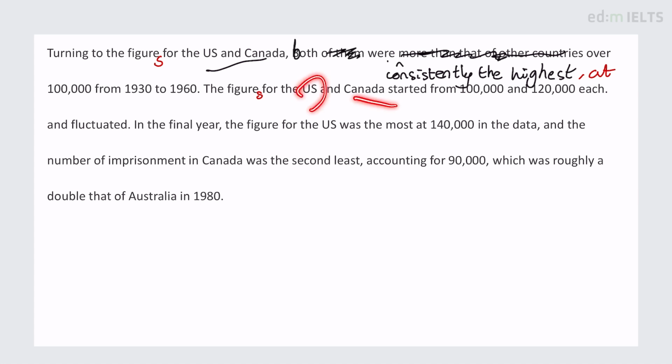The figures for the US and Canada started at roughly 100,000 and 120,000 each. So it means 100,000 for the US and 120,000 for Canada. So each isn't the right word, respectively. We're saying it in that order.